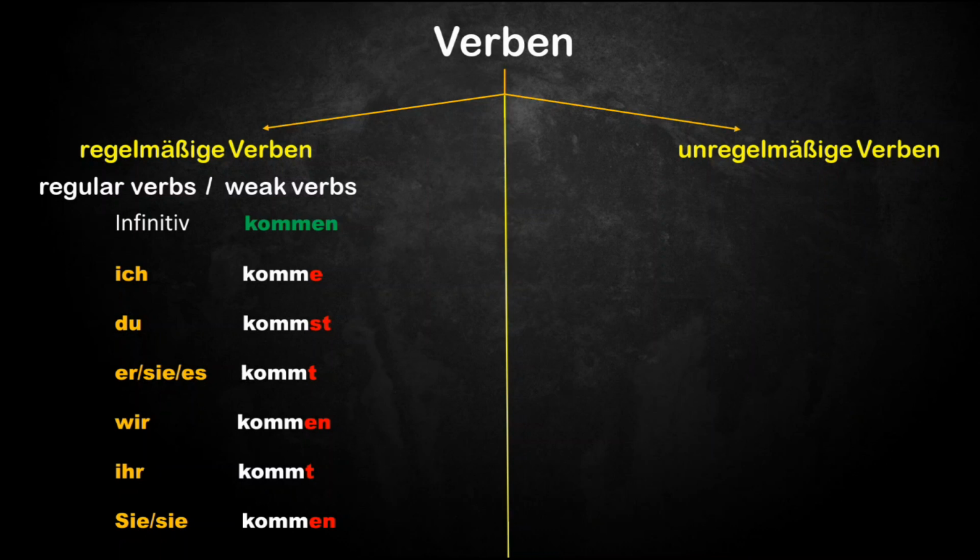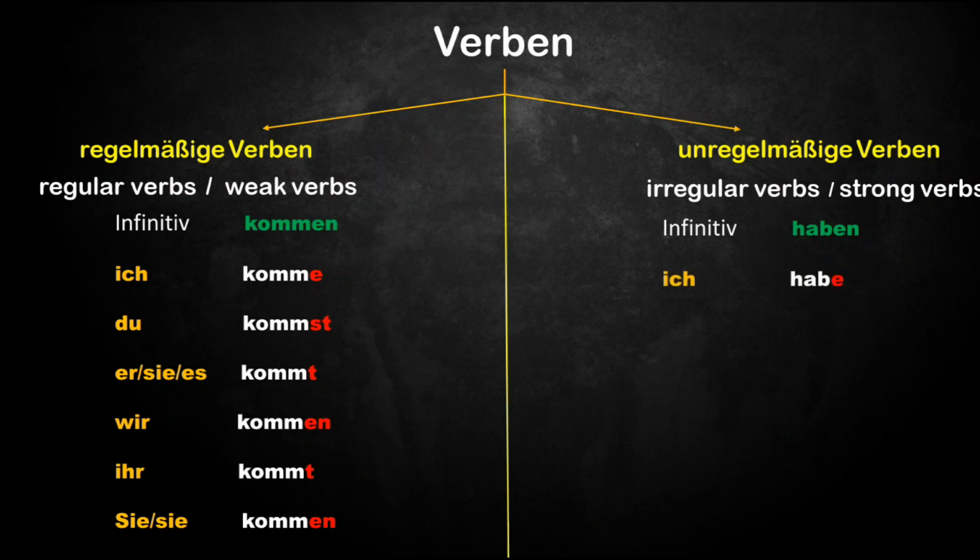On the other hand, in unregelmäßige Verben we have the verb haben, infinitive form haben with the ending of en. Ich habe, yeah, still it's the same, but when we go to du, you can see hast. It's not habst, it's hast. The b disappeared, so that's what I mean by they don't follow any rule. And for er, sie, es, it's hat, not habt. The root or stem of the verb also can change.